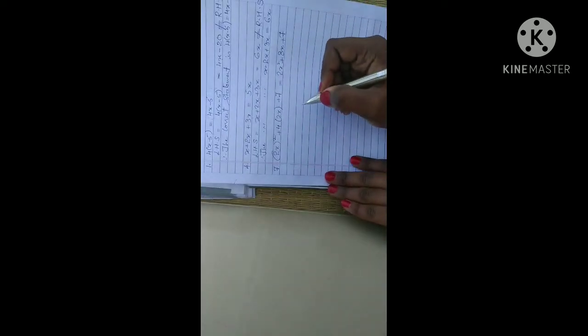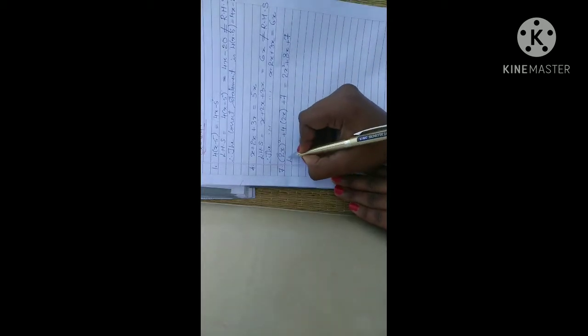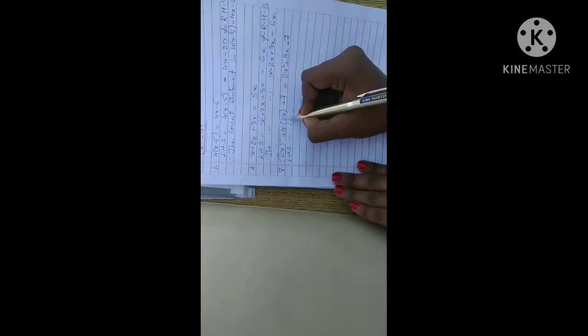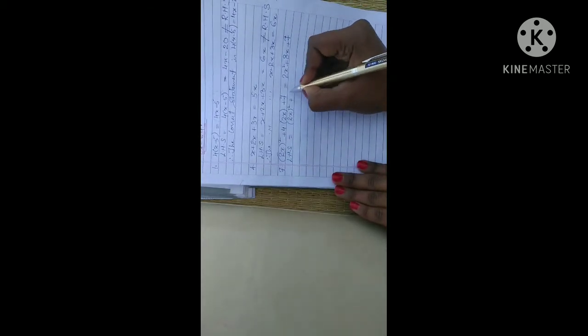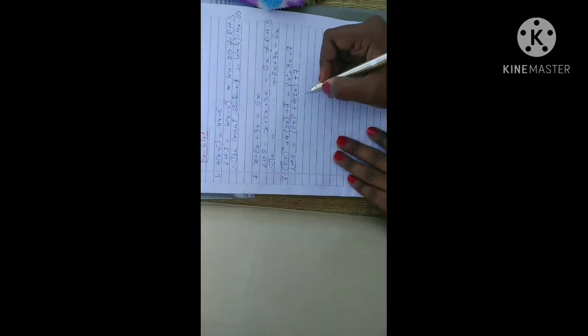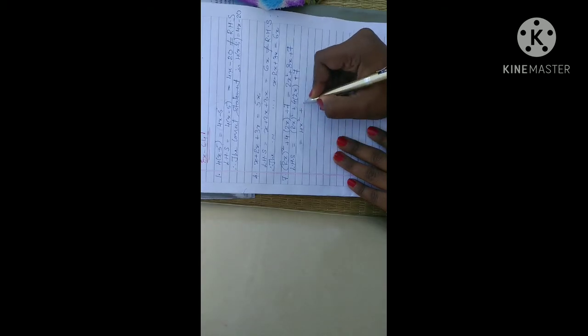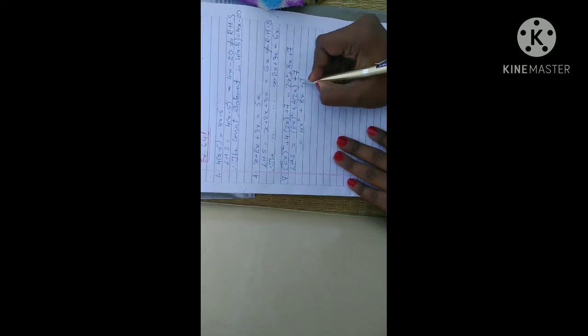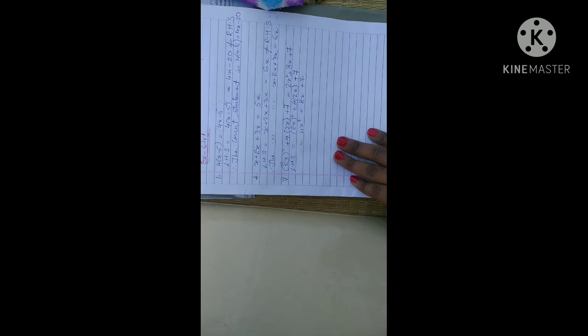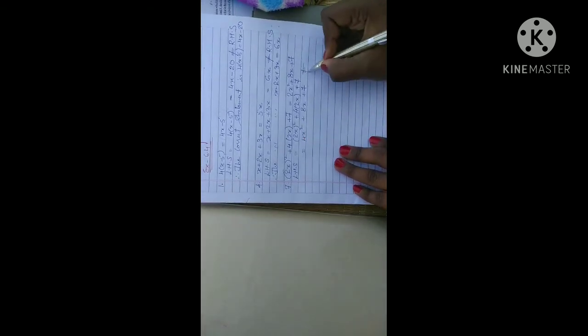Next is 7th question. LHS is equal to 2x square plus 4 into 2x plus 7, now which is equal to 4x square plus 4 2s are 8x plus 7. Okay, and this is not equal to RHS.